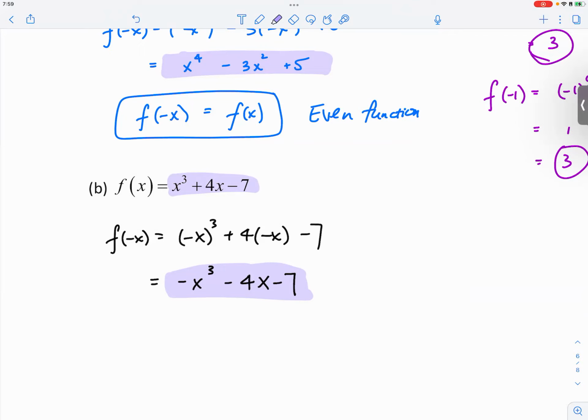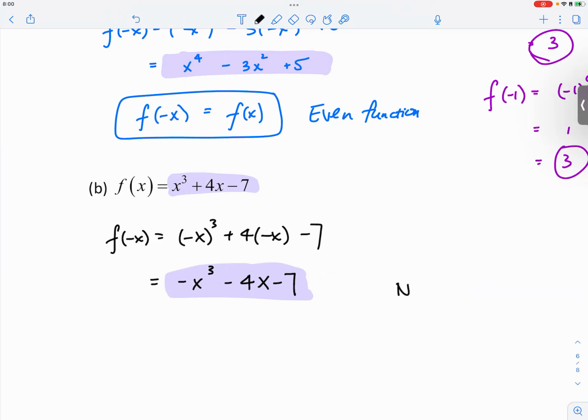So we ask the next question, is this, okay, the one that we just got, is this the negated version of this? Correct. It looks almost like the negated version because you're like, oh yeah, it was positive for the x cube. Now it's negative. It was a plus 4x, now negative 4x. And it was a negative 7 and it is still negative 7. So the negative 7 did not get changed.